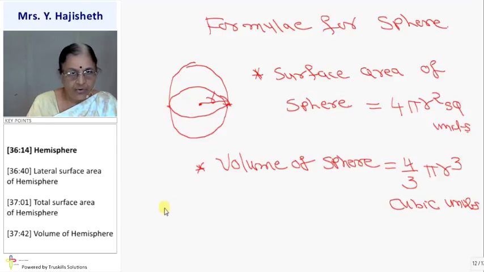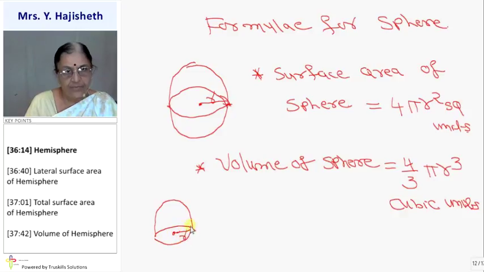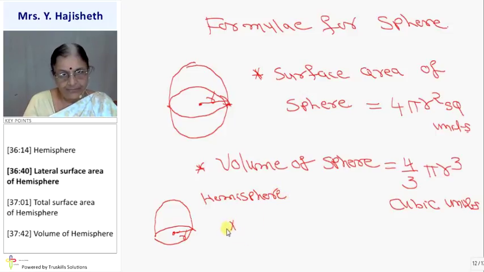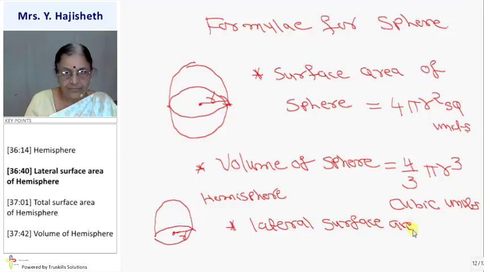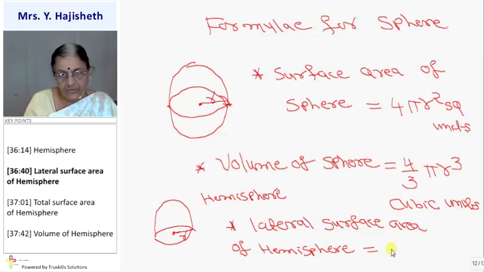now suppose you are talking about hemisphere. This is my hemisphere, आधा sphere. This is my r. Okay, this is a hemisphere. तो हेमिस्फीयर में two types of area. Lateral surface area of hemisphere is half of the surface area of sphere, so it is 2 pi r square.